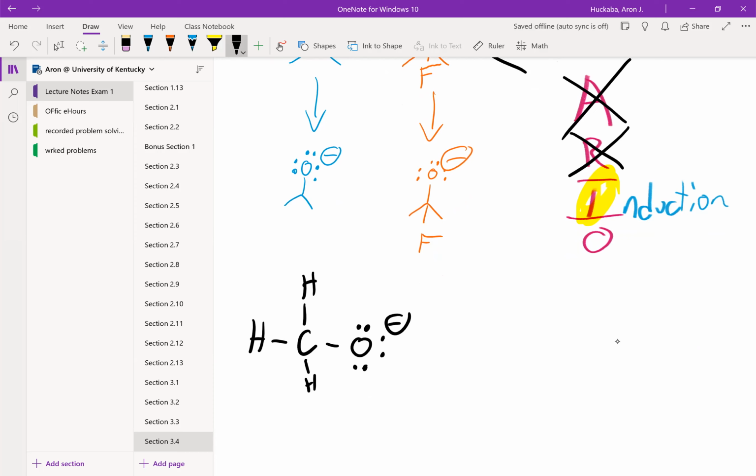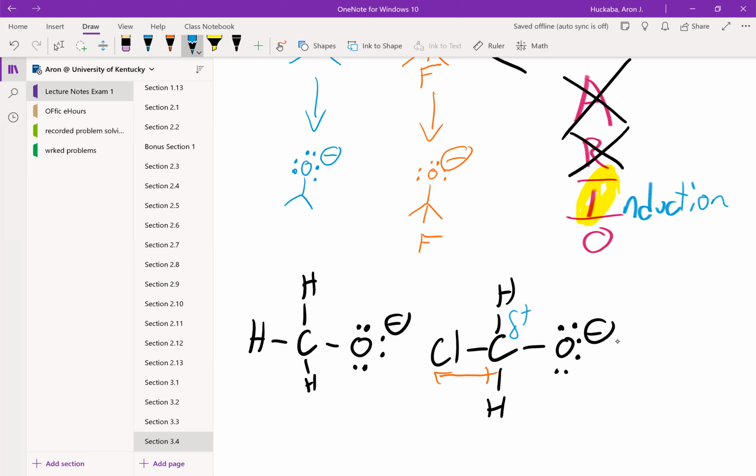But the rule of induction says if you instead have some atom that is electronegative near the alkoxide or near the negative charge of the conjugate base, then the resulting polar character of the carbon heteroatom bond here will result in a net partial positive on the carbon and partial minus on the chloride.